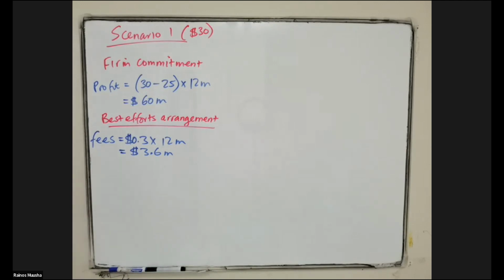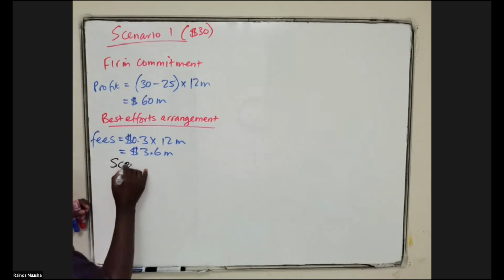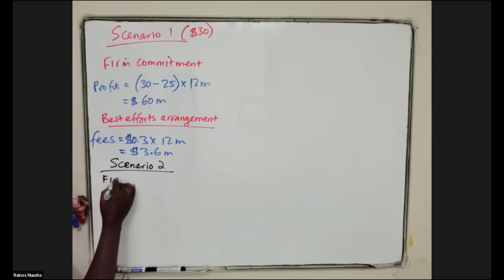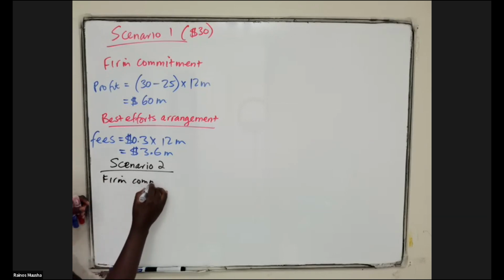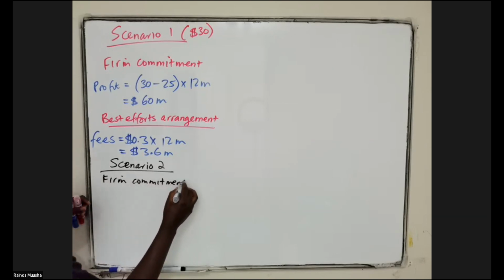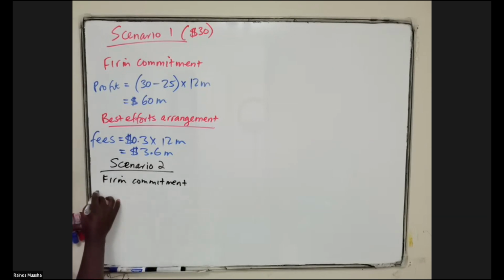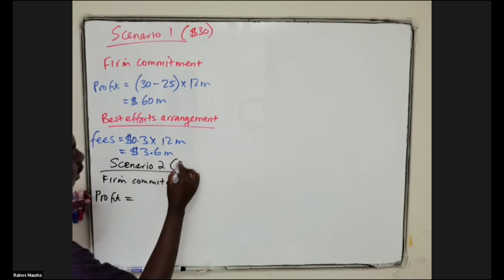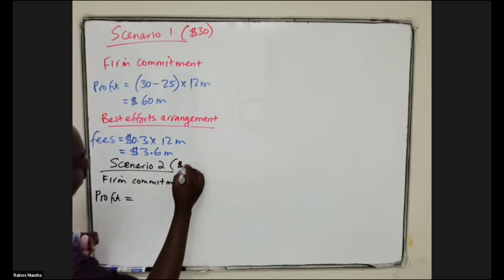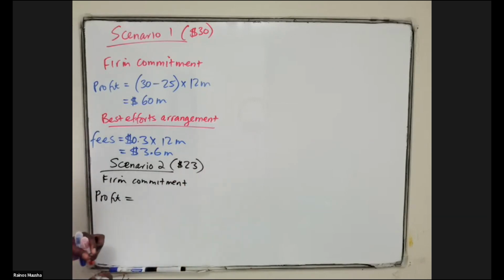But now, for scenario two, if we choose to go the firm commitment route, our profit is going to be equal to, remember for scenario two, at the end of the period, the price ends up being $23, isn't it?